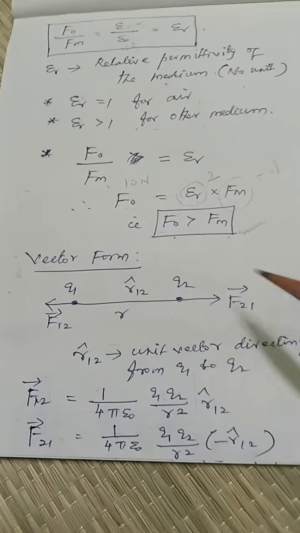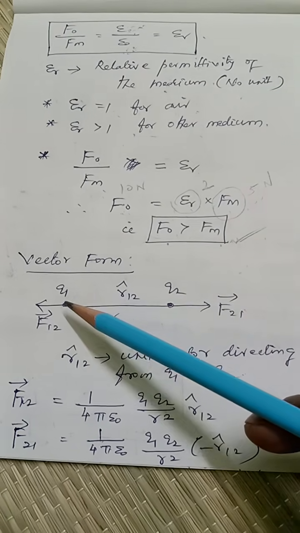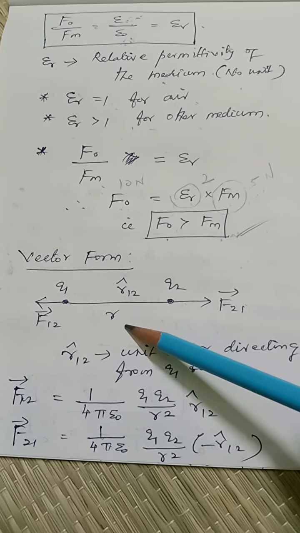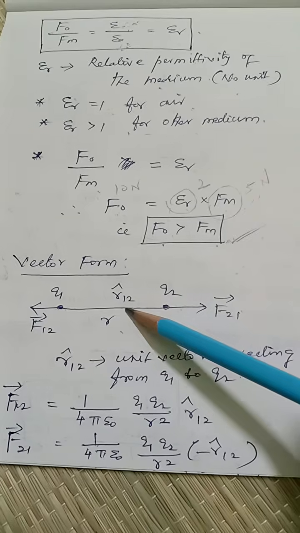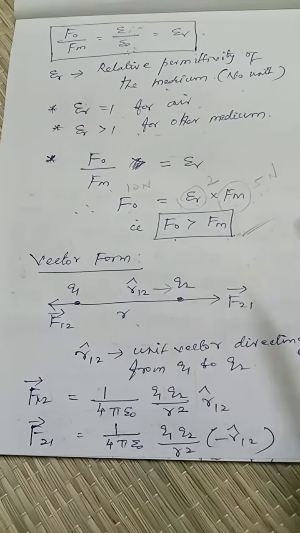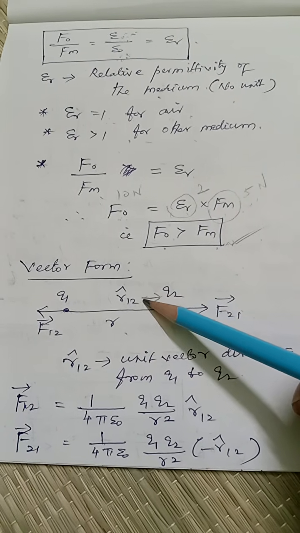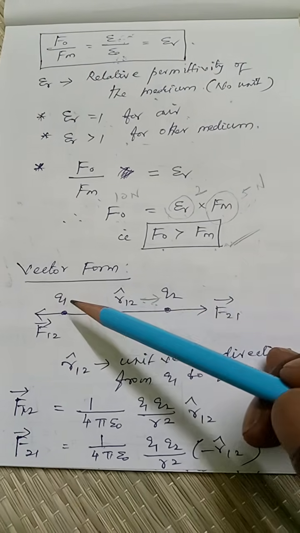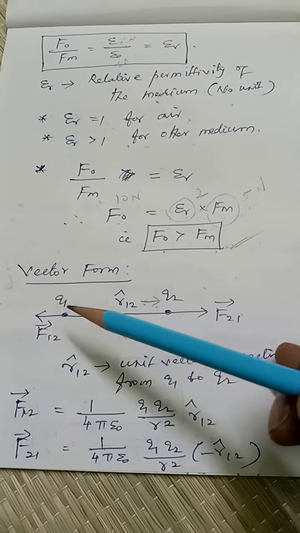Next, let us see the vector form of Coulomb's law. Here, see the same two charges Q1 and Q2 separated by a distance r. Here, this r12 cap is a unit vector which points in this direction. r12 cap is the unit vector whose magnitude is 1, but its direction is from Q1 to Q2, that is, towards the right, from the charge Q1 to Q2.